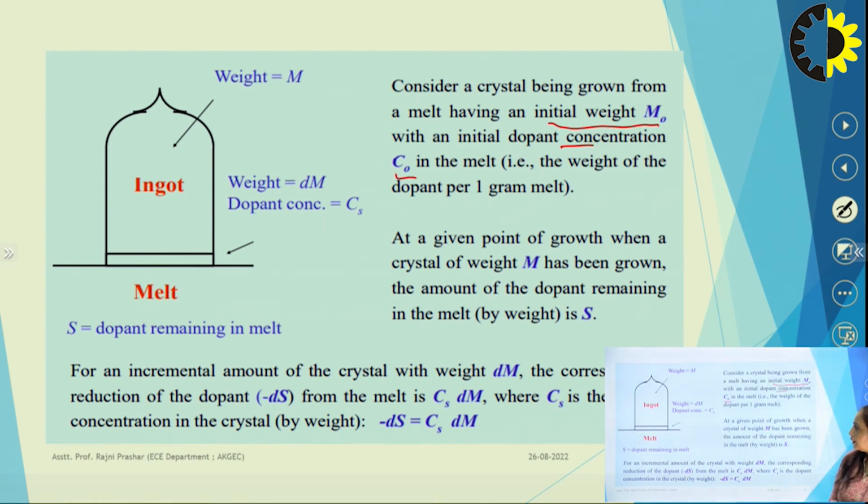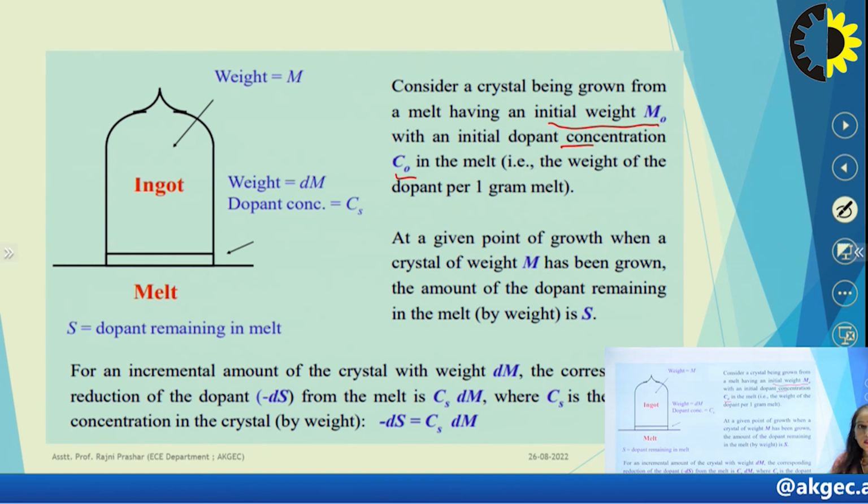At a given point of growth, when a crystal of weight M has been grown, the amount of dopant remaining in the melt is represented by its weight S. That is, S is how much dopant remains in the melt after the silicon ingot starts to form.